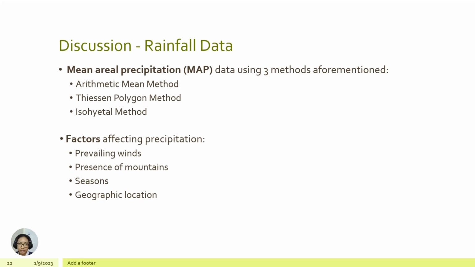The calculations were done using data obtained from the Department of Irrigation and Drainage website. Now, there are several factors affecting precipitation, namely prevailing winds, presence of mountains, seasons, and geographic location.